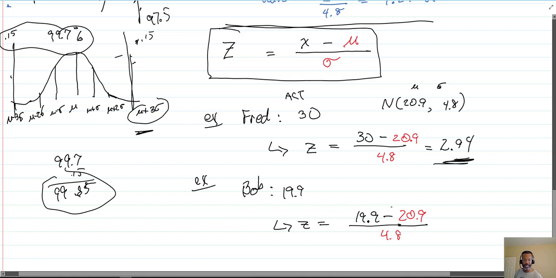So 19.9 minus the 20.9 ends up being a negative 1 all over 4.8. It's a negative z-score.